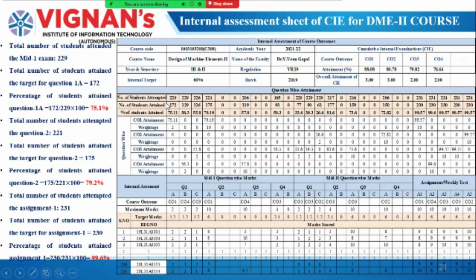So unit 3 comes under CO3. Again unit 4 also comes under CO3. And the last, unit 5, is covered by CO2. That's why I have mapped like this.